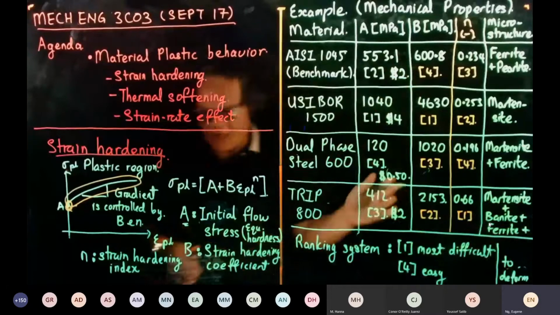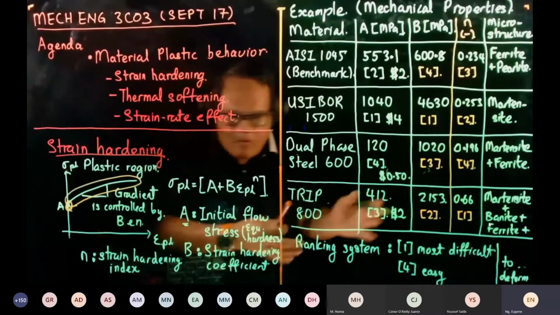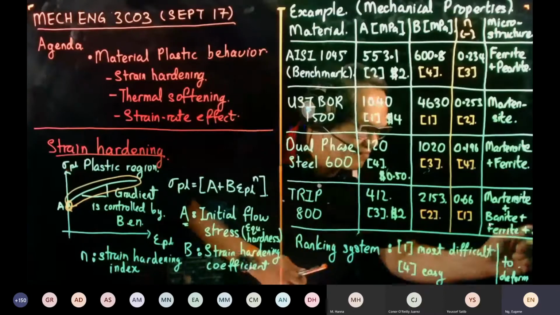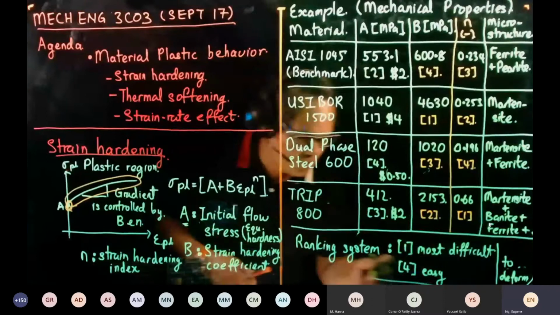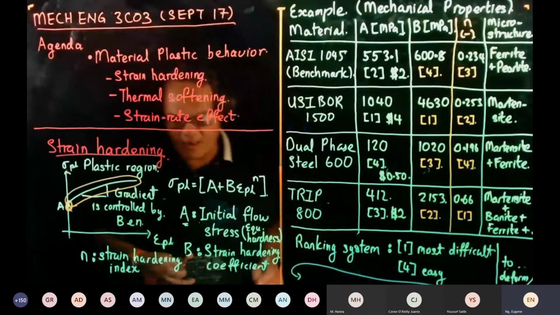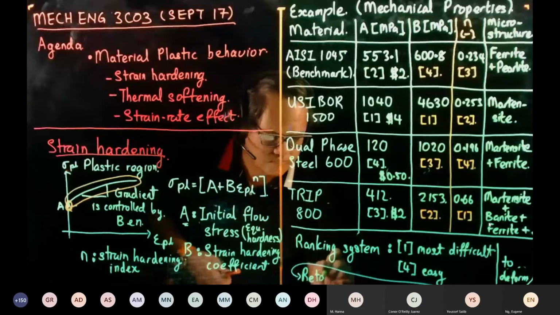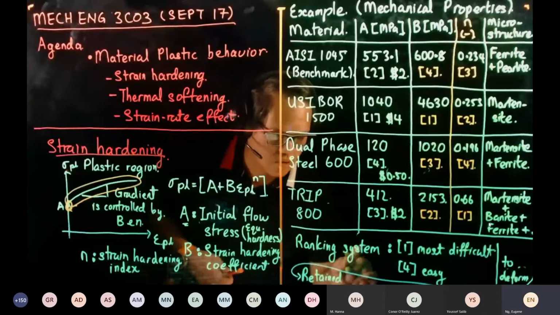This material is like when you are not sure what you're doing, you have a bit of everything. Yes or no? That's just a joke. They know what they're doing. And then you have something like retained austenite.